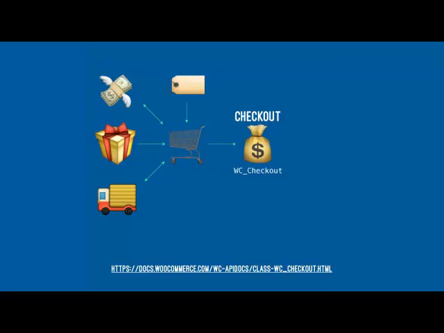So once you have products and coupons in the cart, shipping has been chosen for the cart and applied to the cart, and taxes have been calculated on the cart, customers will normally head to checkout. This is just a page presented in WordPress, normally with the URL /checkout, and it's managed through a class called WC checkout.